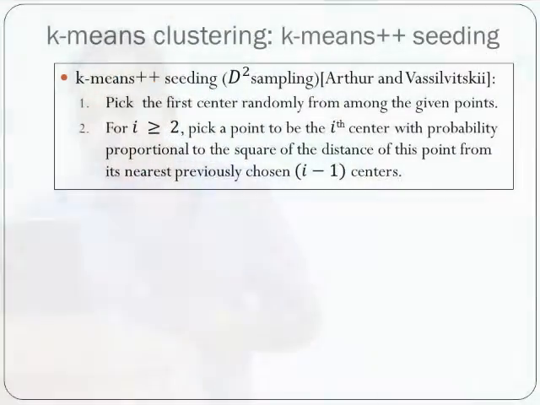Now there have been various heuristics to deal with this issue, and one heuristic, or we can even call this an algorithm, which has gained prominence in the past, and I'll talk about the theoretical guarantees for it, is the K-means++ algorithm. It's an extremely simple sampling technique. The authors call it D2 sampling, and all you do is pick k centers in the following fashion.